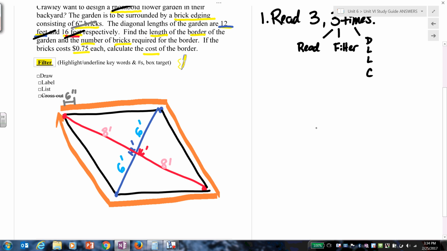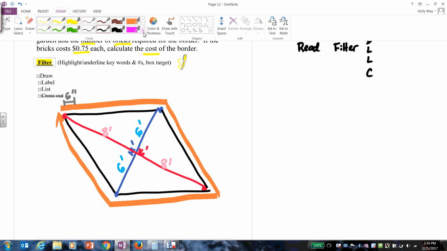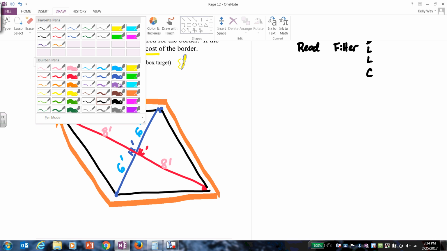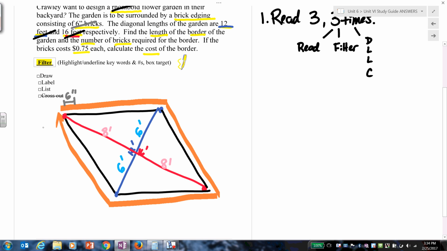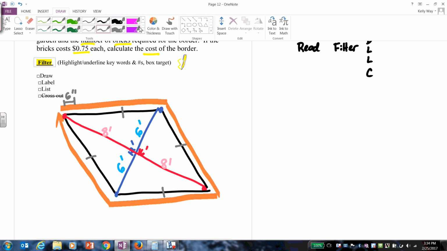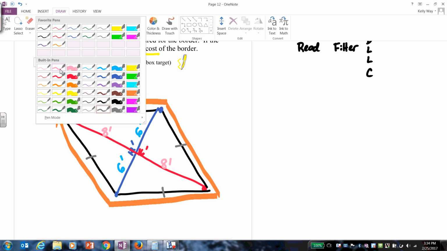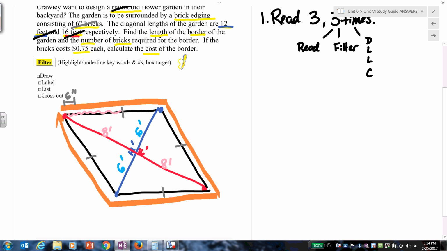Our goal is to find the length of the border, which in order to find all 4 sides, let's mark what we know about a rhombus. We know that all four sides are equal. So if we can find one side, we can find all four sides.